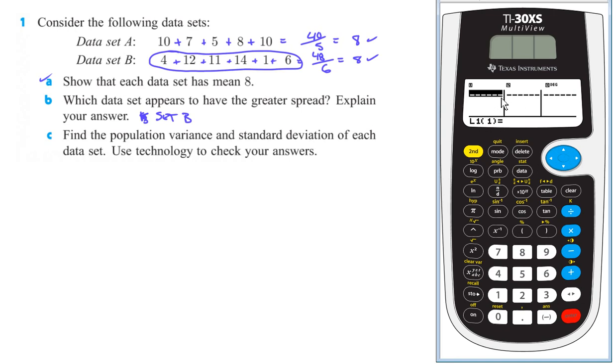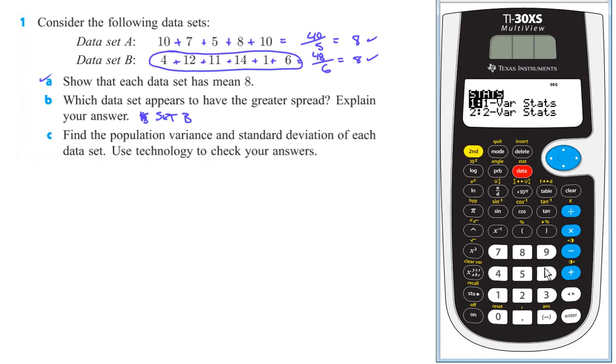I'm going to enter all these numbers into the first list, and since we're here, we might as well enter all the data into the other list as well: 4, 12, 11, 14, 1 and 6. That looks good because we know we have one more piece of data in this second list.